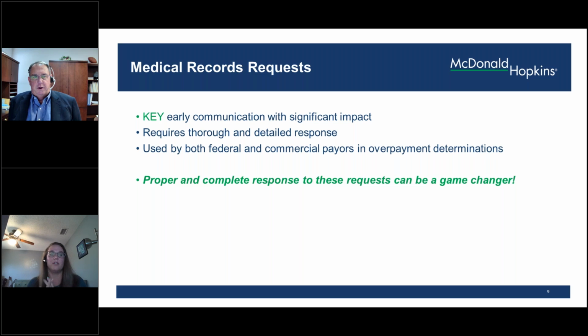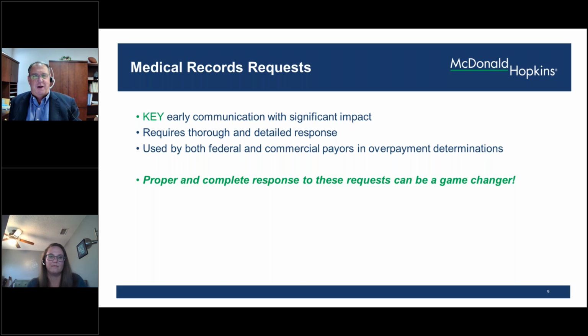So go ahead. I was going to say, sometimes you look at it from a dollar financial standpoint, it may not make sense to do an appeal on some of these clawbacks. But you need to look at it, because I know Medicare looks at it from the standpoint of your error rate. And if you're above a certain error rate, they will continue to audit you. But if you go through the appeal process and get that error rate down, then they will look at that as your overall error rate being reduced.